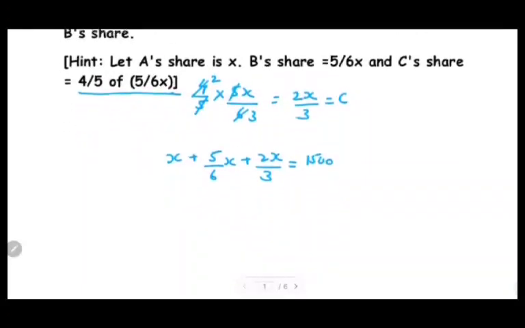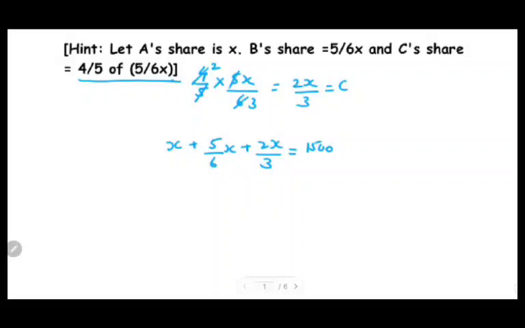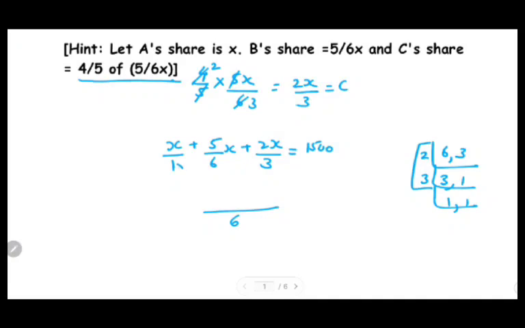Correct? Let's take the LCM of 6 and 3. So the LCM is 6. Here the LCM is 1. 6 into 1 into how much gives me this 6? 1 into 6.